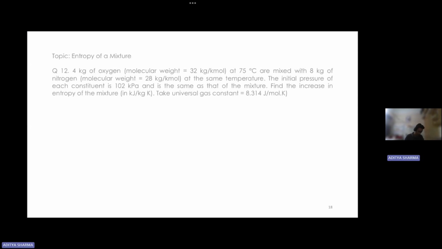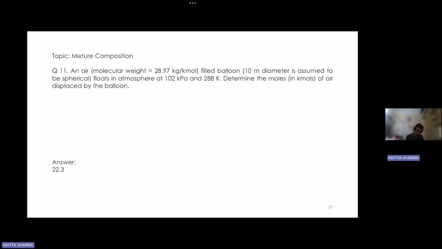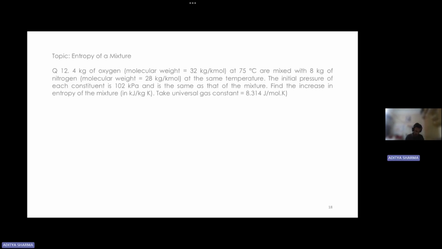Now moving on to question number 12. The topic here is entropy of a mixture. The previous topic was mixture composition. Here, 4 kg of oxygen at some temperature is mixed with 8 kg of nitrogen at the same temperature. Initial pressure has been given. Okay. The pressure doesn't change. It remains the same for the mixture and for the components, the constituents, also.